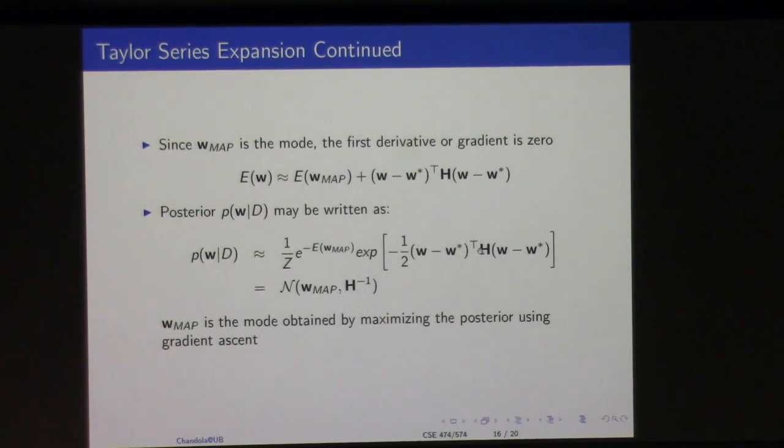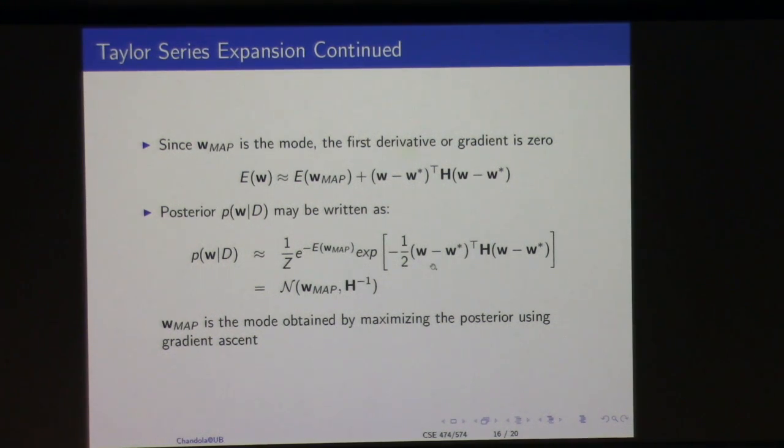And then suddenly we make this jump, saying, hey, this looks like a Gaussian PDF, a Gaussian distribution. And so what we assume is that the posterior for w can be approximated as a normal distribution centered at your map, and the covariance matrix is given by the inverse of your Hessian.